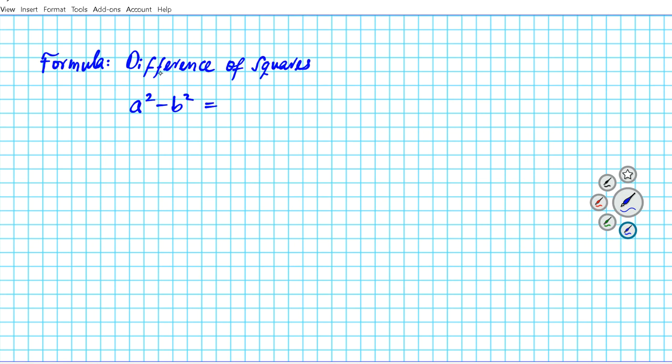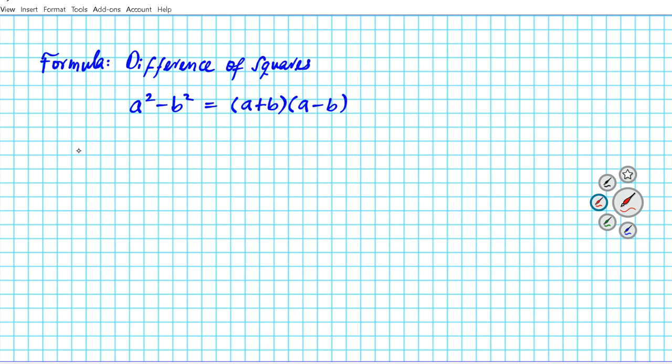If you look at the name, it's called difference of squares. So you have two squares and they're subtracted from each other, and another word for subtraction is difference. The factored state is (a plus b) times (a minus b), the product of the sum and the difference of the square roots of the squares.